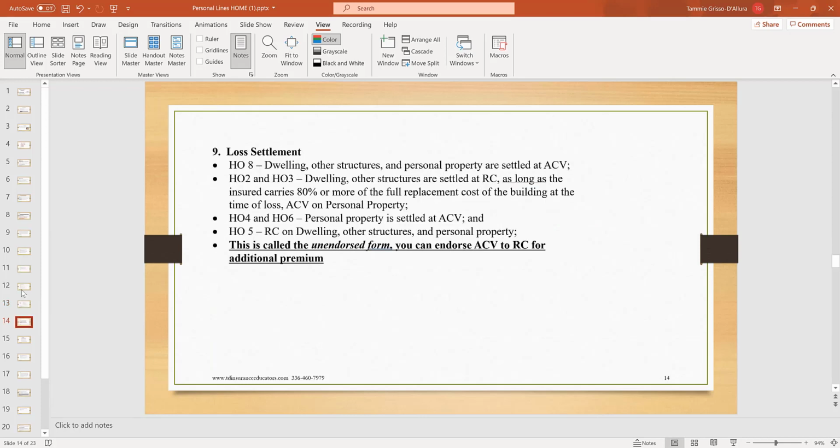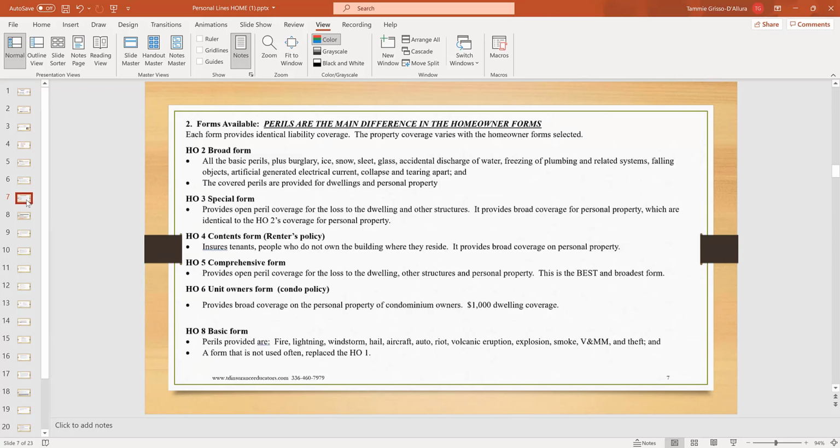Okay, so what we're going to do now is go back up to these forms that are available. When we have these forms, again, perils are the main difference in your forms. Now we're going to start down here at our HO8, which is our basic form. It is a form that is not used very often. It replaced the HO1, and it is called the basic form. The perils are fire and lightning.